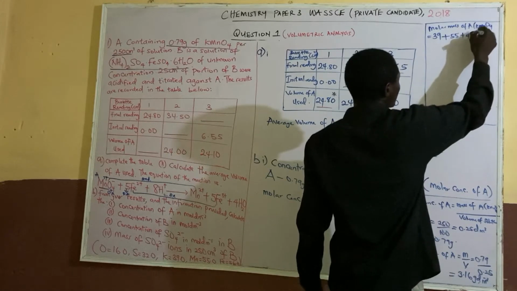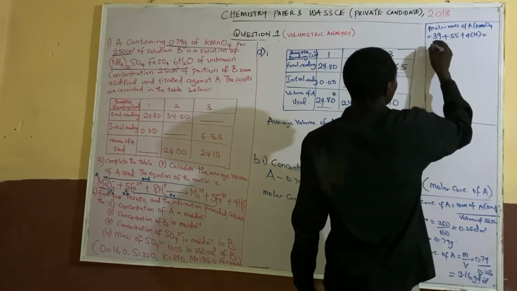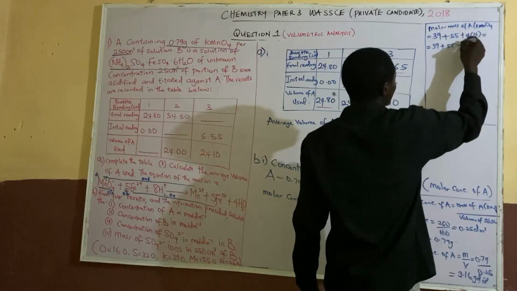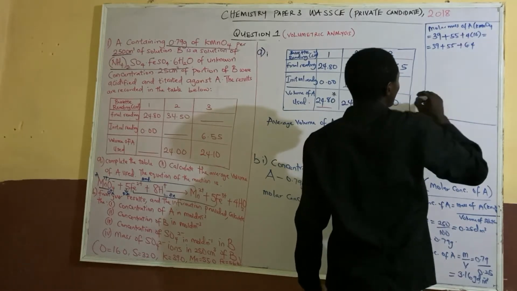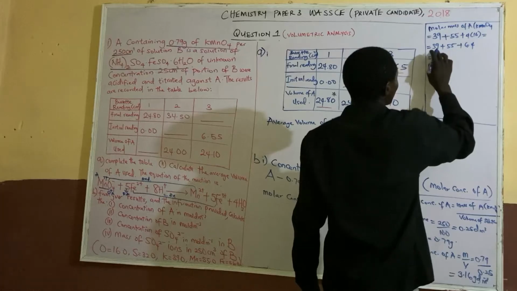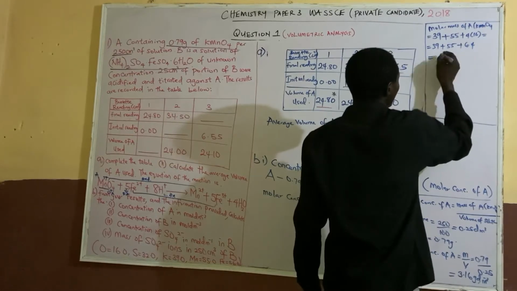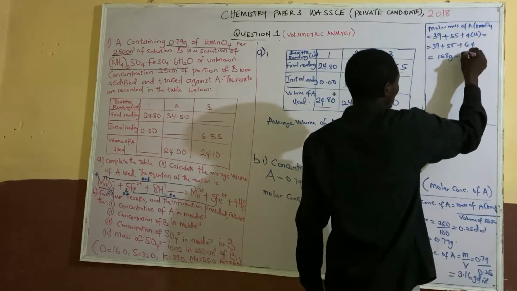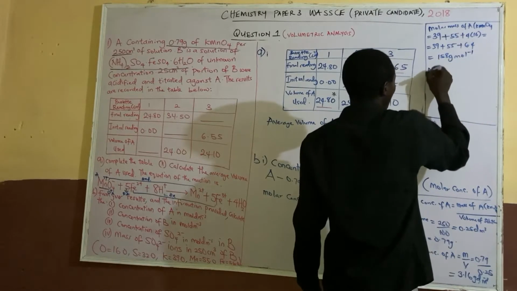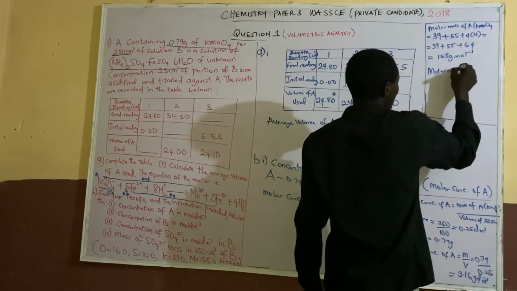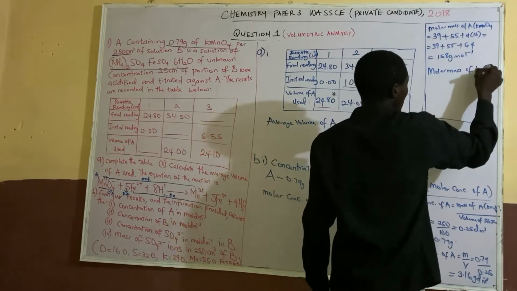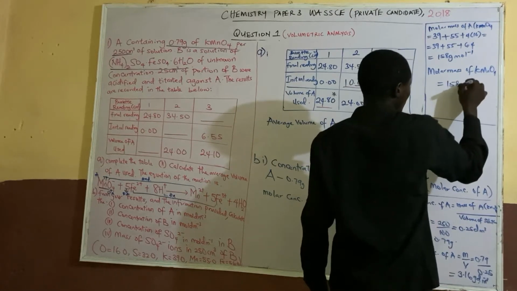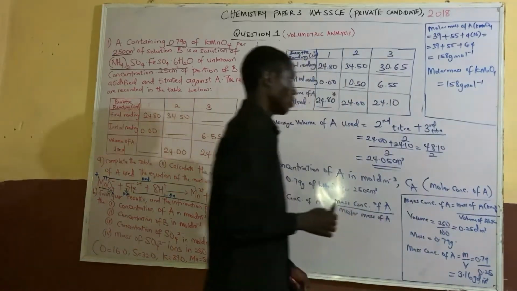So we have 39 plus 55 plus 64, which equals 158 gram per mole. Please note the molar mass of KMnO4 is equal to 158 gram per mole.